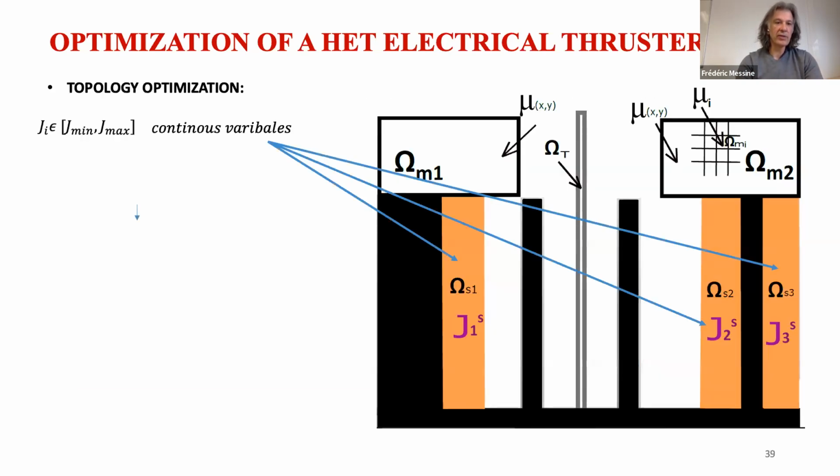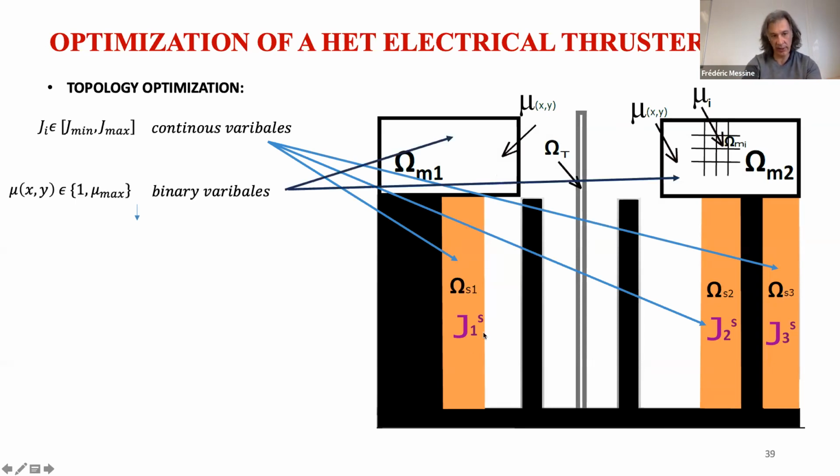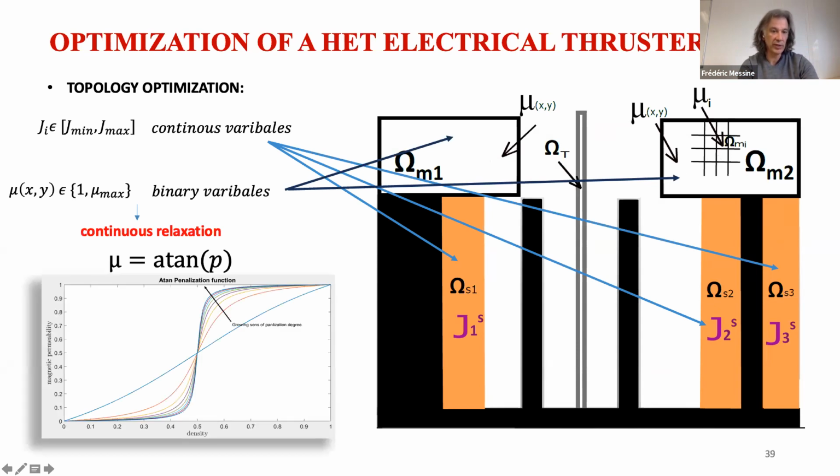So, of course, I discuss a bit in that case, we have some continuous variables, for example, for the coils, we can change the density of current, okay, and we have binary variables. Also for the coils, we can discretize the coils, and we can discretize the pole parts over there, and we make continuous relaxation, penalization, you know that. I use mainly an arctangent penalization function.